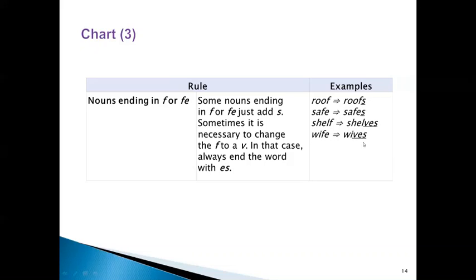Wife, wives. Wife ends in f and e. Then we change it into v, and then we add es. Wives: one wife, two wives. One shelf, two shelves. But for roof and safe, the rule is different. We just add s. Roof, roofs. Safe, safes.